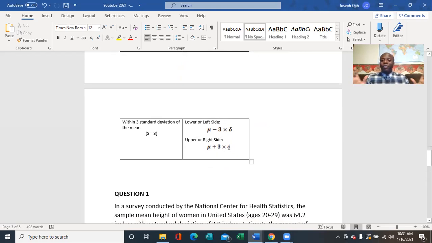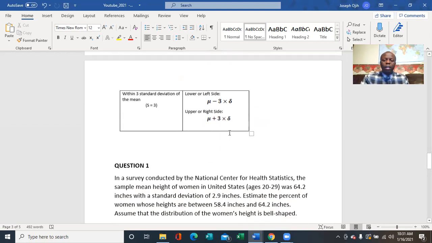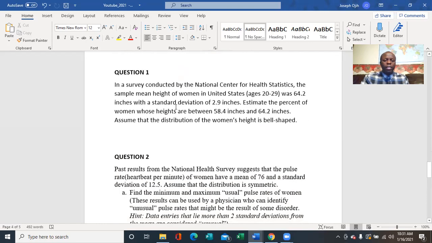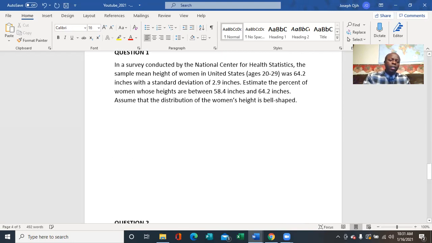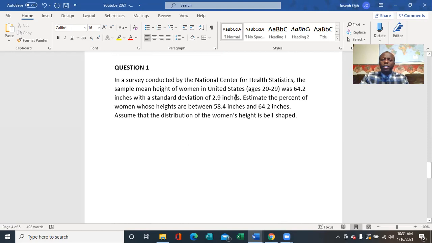Okay, now I have given you the background. Let me show you how simple this can be used in solving questions. Our first question today will be this, question 1. In a survey conducted by the National Center for Health Statistics, the sample mean height of women in the United States, aged 20 to 29 years, was 64.2 inches.